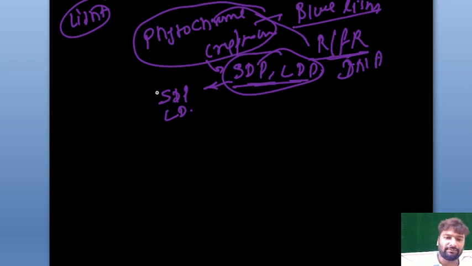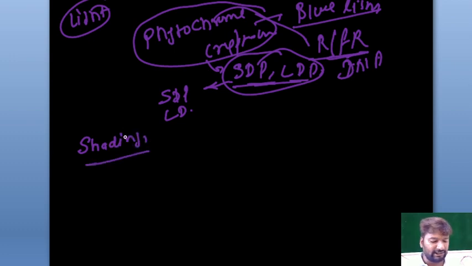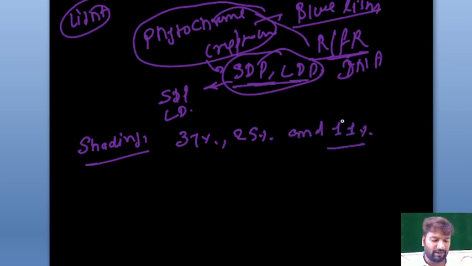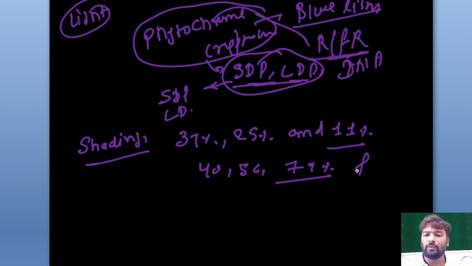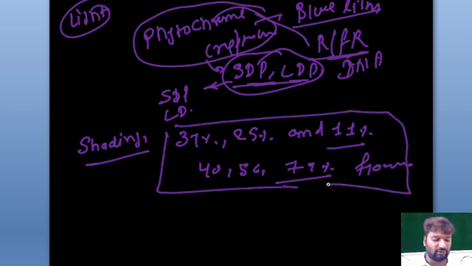So we can say that light affects flowering. Then shading. In one experiment, when the light was reduced by 37%, 25%, and 11%, there was a reduction of 40, 56, and 79% in the flowering process. So this study shows that shading also affects flowering.